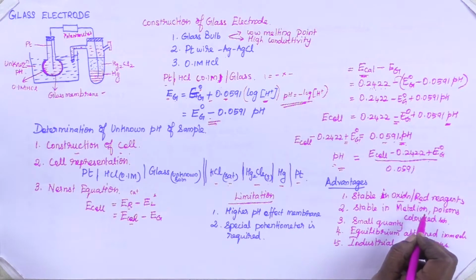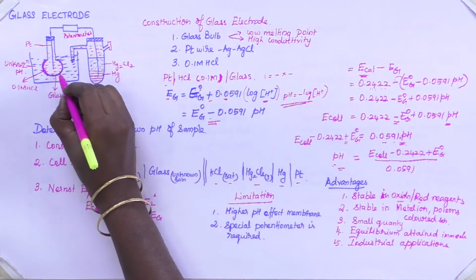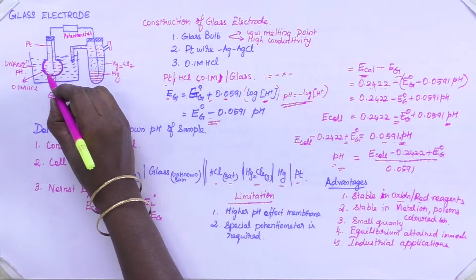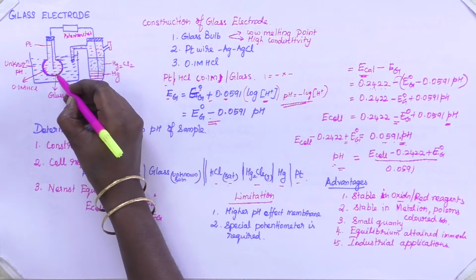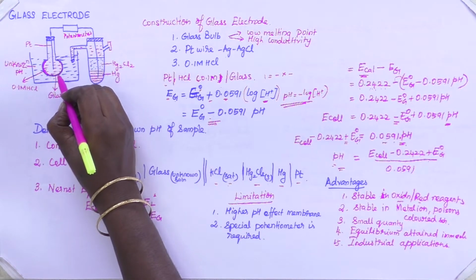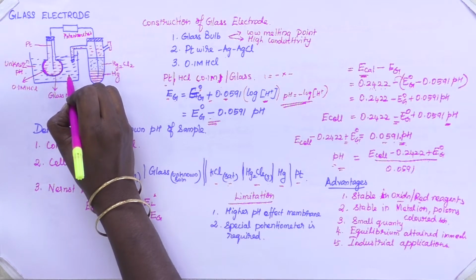The H plus ion concentration can be estimated by the glass electrode, and we need only a very small quantity for the estimation. While we are using the glass electrode, the equilibrium happens, which I explained in my last lecture. The exchange of H plus ion with the membrane makes a potential difference. That potential difference is used to estimate the H plus ion present in the sample solution.